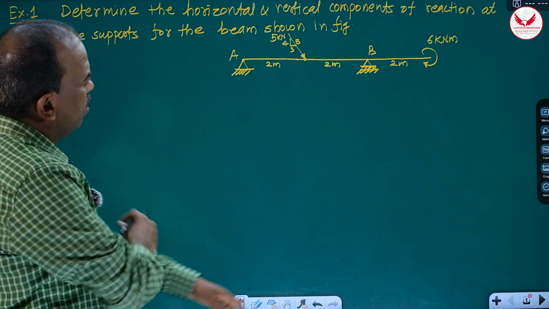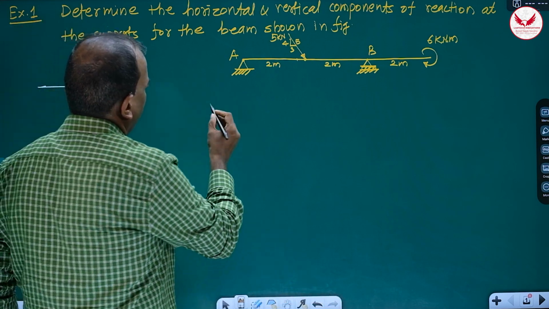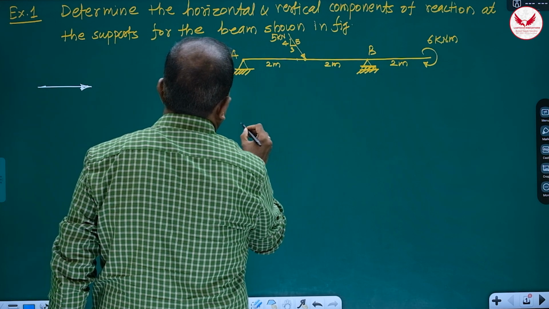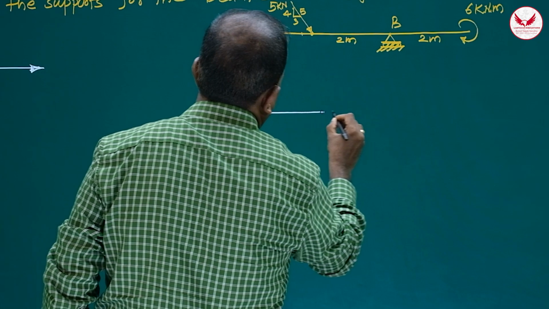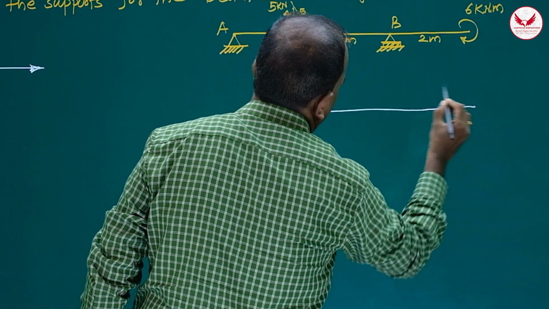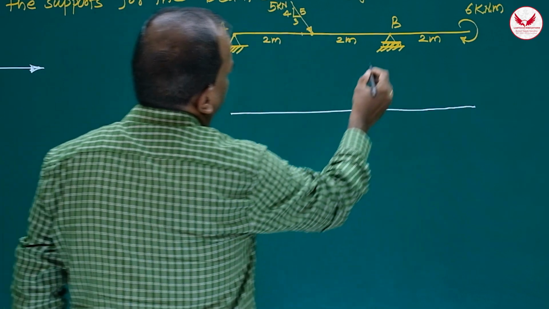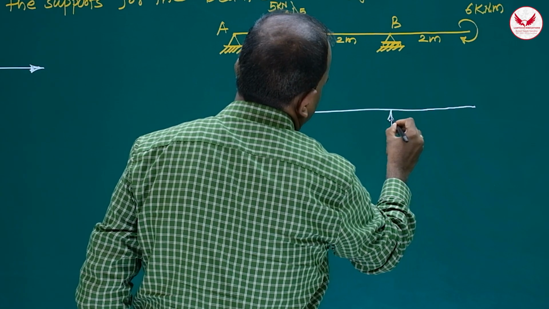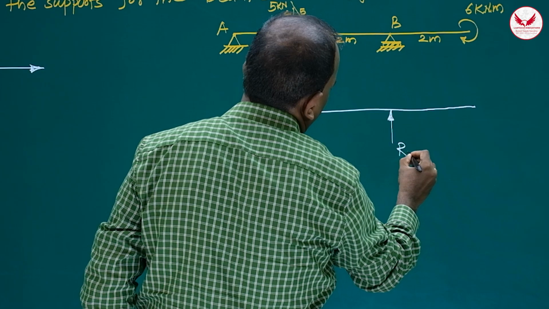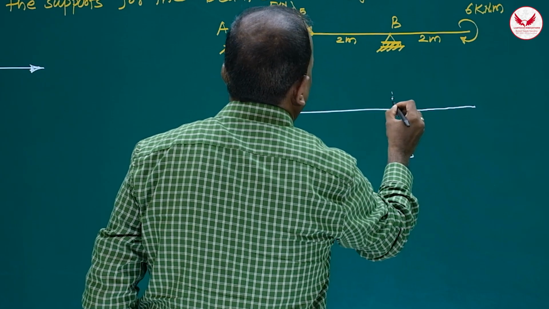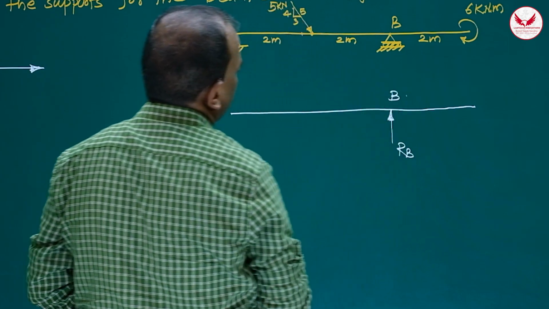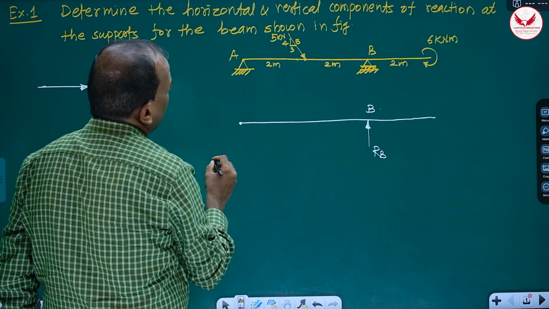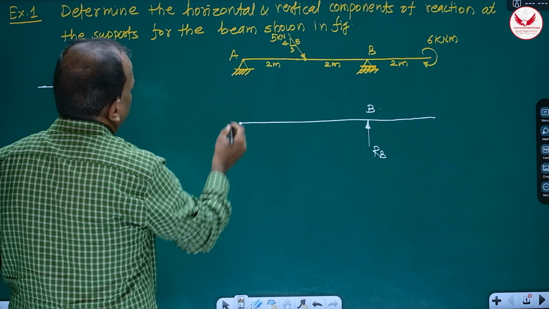So how we'll solve it? How to draw the free-body diagram? Whatever the beam is there, 6 meter, you can draw this 6 meter beam as it is. And at B, replace this support by a single reaction component, and it is going to be RB. Then at A, there is a hinge support.